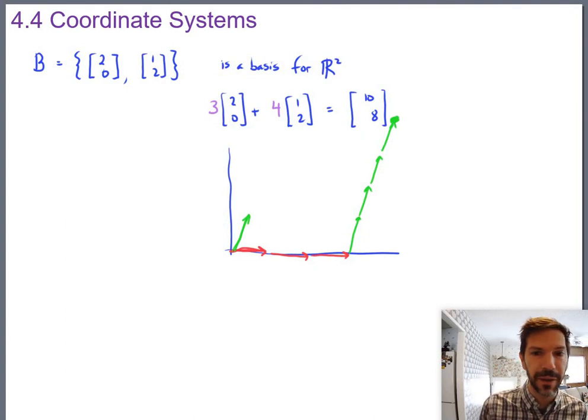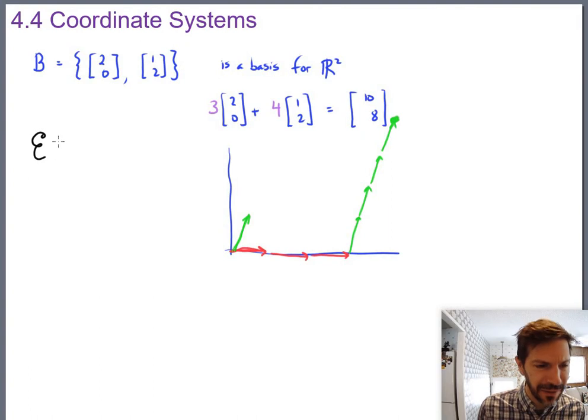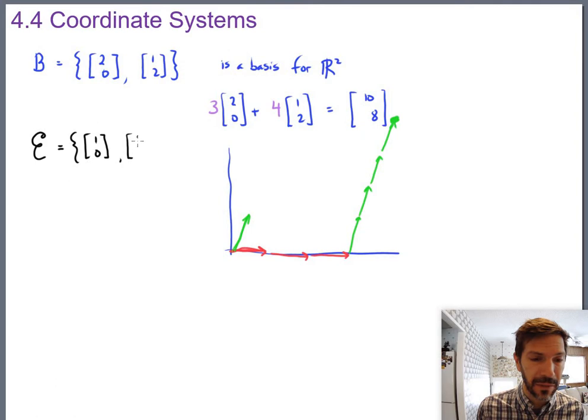Let me point out, by the way, that the standard basis, they sometimes write with a funky cursive E. It's just (1, 0) and (0, 1).